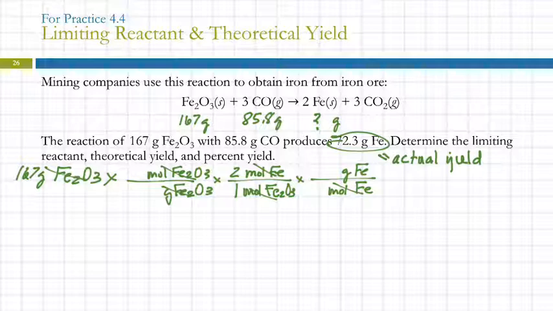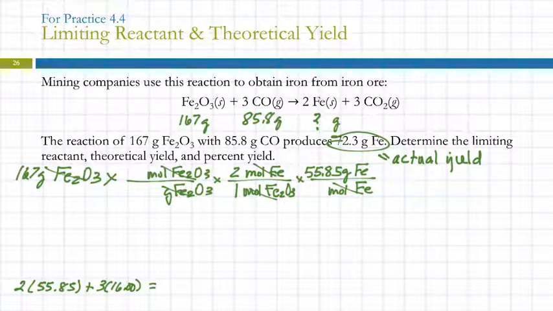Molar mass of iron is easy, it's just on the periodic table, 55.85. I need to calculate the molar mass of Fe2O3, 2 times 55.85 plus 3 times 16. That's 159.7.